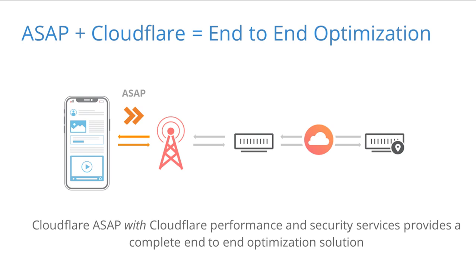ASAP is a secure acceleration protocol, and when used in conjunction with the rest of Cloudflare, you get the end-to-end value of not only providing acceleration for mobile application traffic across your cellular networks, but once it hits the Cloudflare edge, everything Cloudflare does, from Argo to caching, CDN, and all the additional capabilities on our network, helps optimize performance for those mobile application users.